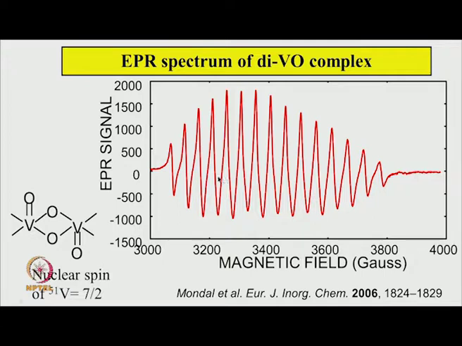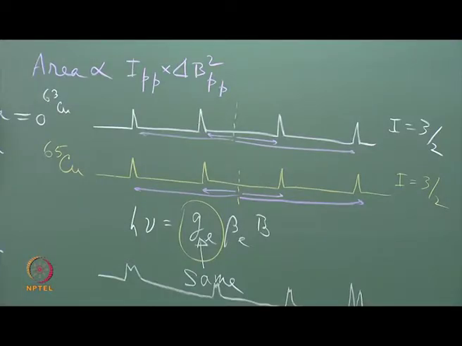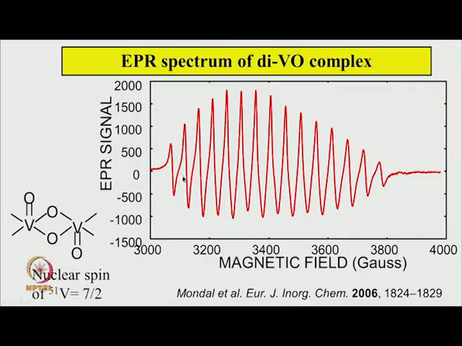Here we go through a similar argument that width and height together decide the intensity, and for a derivative line we use this formula. We will see that the intensities of these lines are not the same. The intensity changes gradually from here, becomes maximum here and goes down in this way.